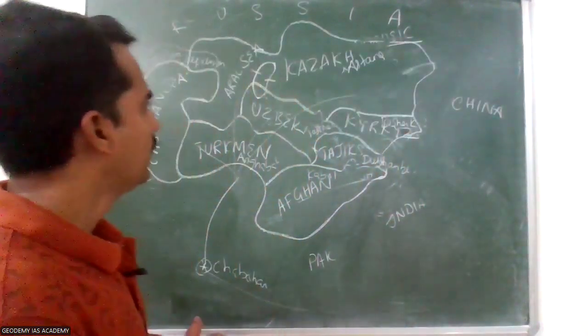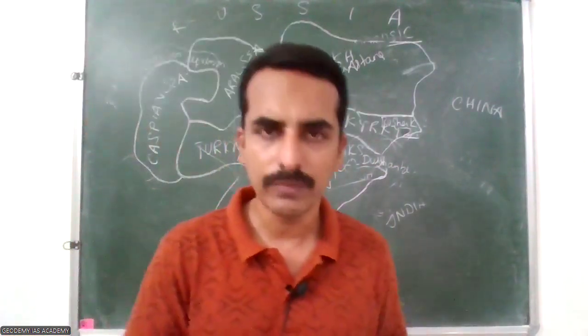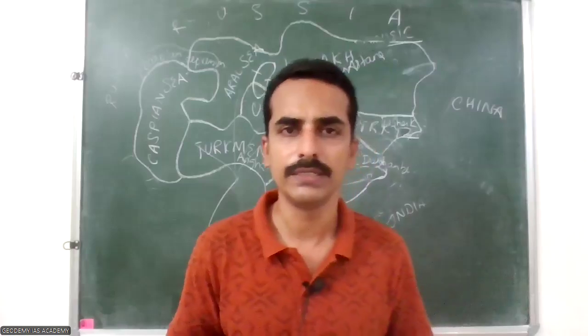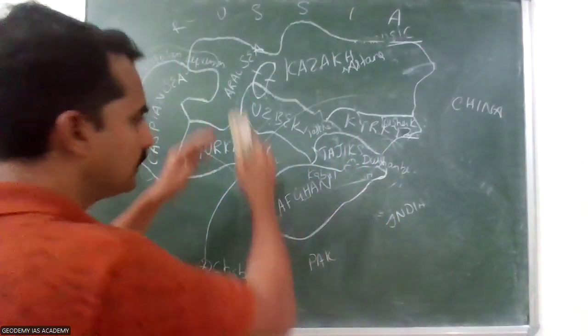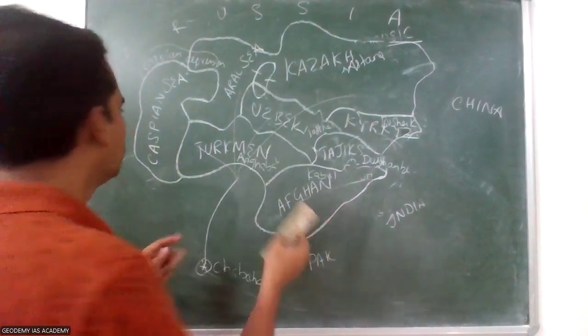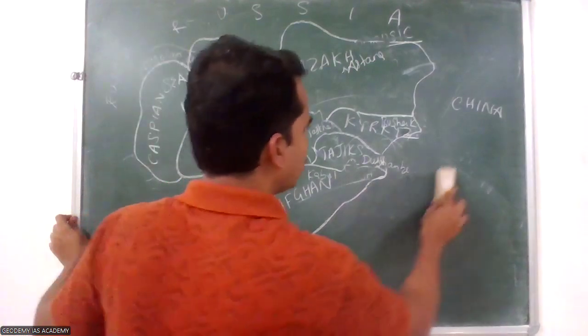Okay. And then you should know something related to the environment in the Central Asian region. Climatically, the Central Asian region is in the central part of the continent, and it has no border with the ocean, almost landlocked.